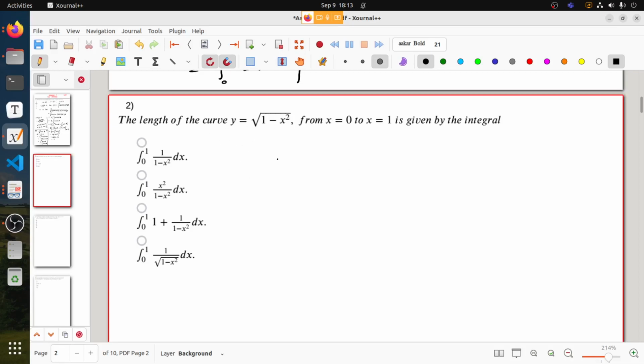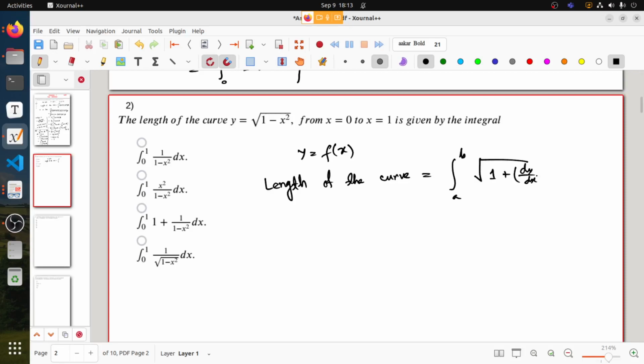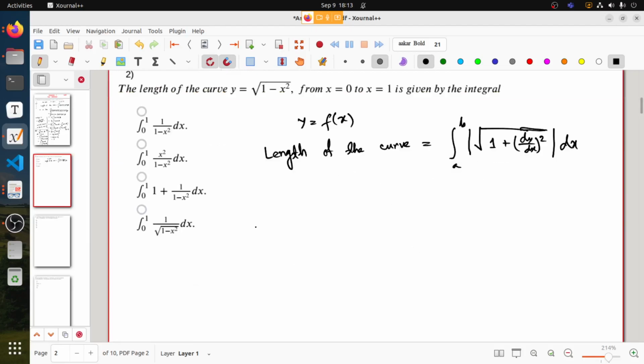So for this type of curve, whenever y equals f of x, the length of the curve is given by the integral from a to b of the square root of 1 plus dy by dx whole squared, with respect to dx. Again you have to take the modulus so that it is non-negative, right? Because length is always positive.